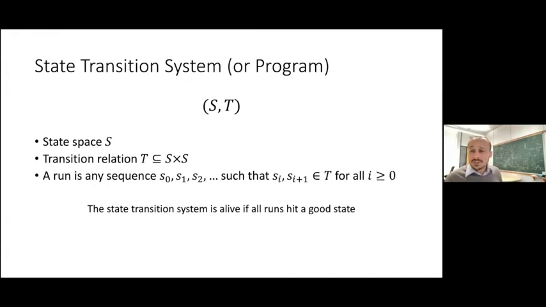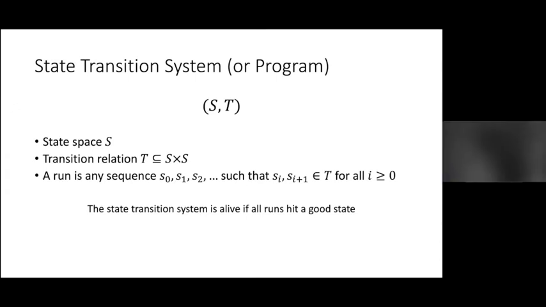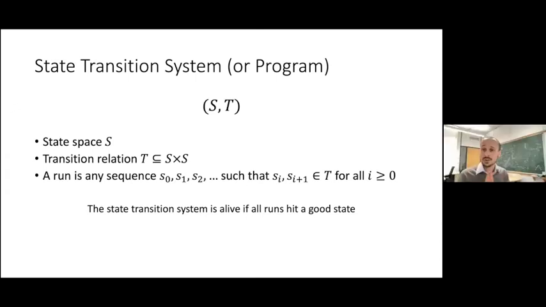Well, think about a good state as some set of these memory configurations, but fundamentally showing that all possible executions reach a certain configuration means showing that everything in between terminates. So if we have a program making calls to functions, and eventually we want to show that we reach a certain point in the program, a point that we desire to reach, this boils down to showing that everything in between terminates. So there are no infinite loops. Remember, the counterexample to liveness is an infinite loop.